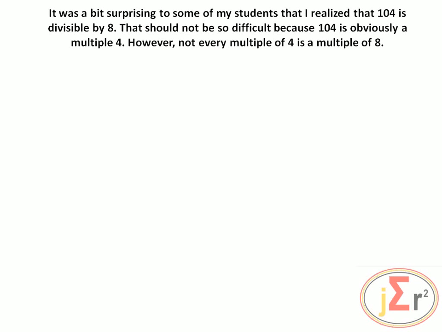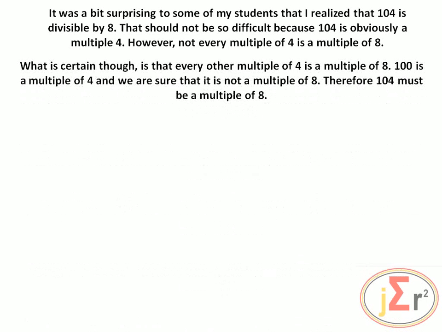However, not every multiple of 4 is a multiple of 8. So how did I recognize very quickly that 104 is divisible by 8? That is what we are looking at. How I was able to do that. What is certain though is that every other multiple of 4 is a multiple of 8.